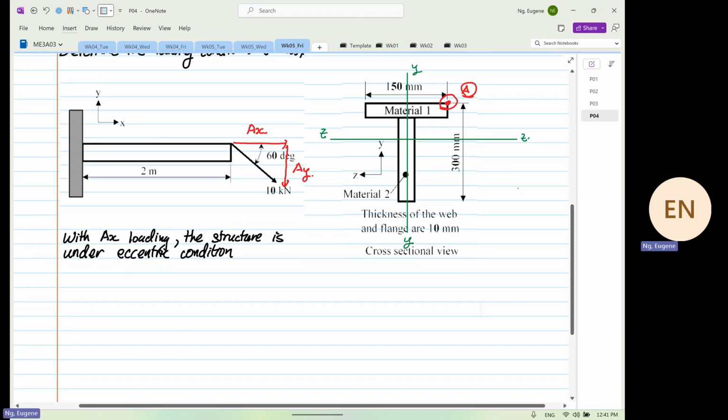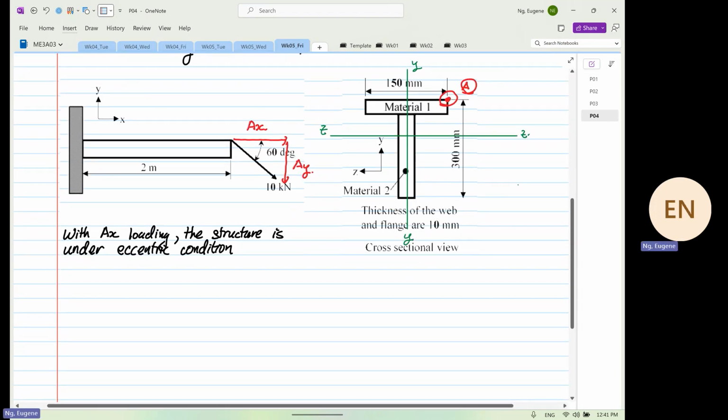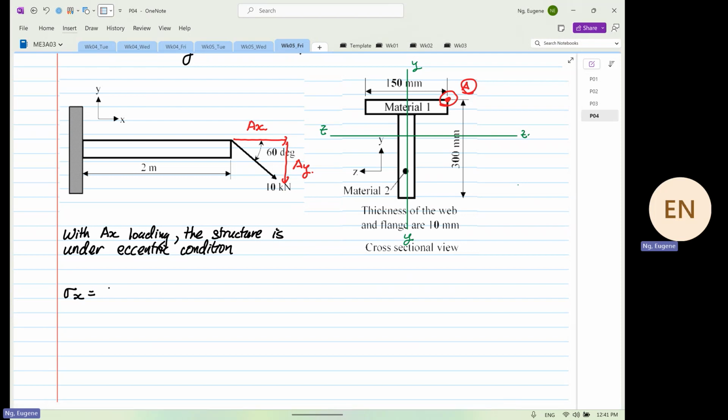If we look at the general formula as a whole, stress X is equal to Px over A plus or minus My over Iyy Z plus or minus Mz over Izz Y. Okay. We have a Px. If there is a Px, what does it mean?